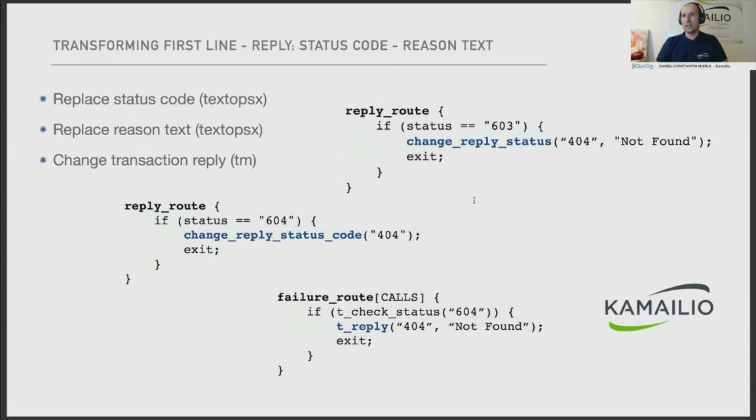Now we look at how you can change the first line of SIP responses, SIP replies, and practically here it's about the status code, this 3-digit number, and the reason text.